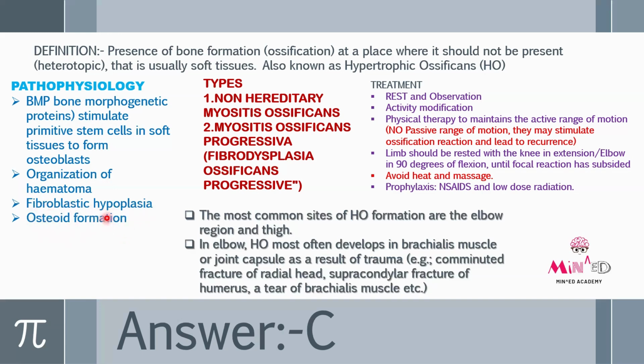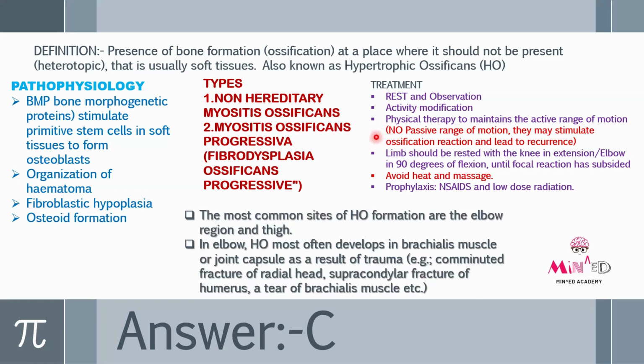Now, basically there are two types: non-hereditary myositis ossificans, and myositis ossificans progressiva, that is fibrodysplasia ossificans progressiva. Then treatment: rest and observation, activity modification, physical therapy to maintain the active range of motion.